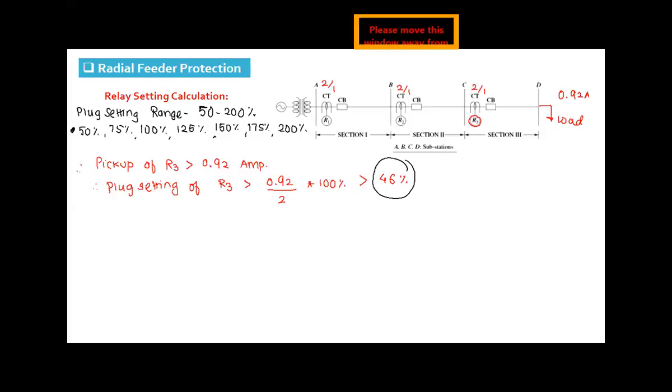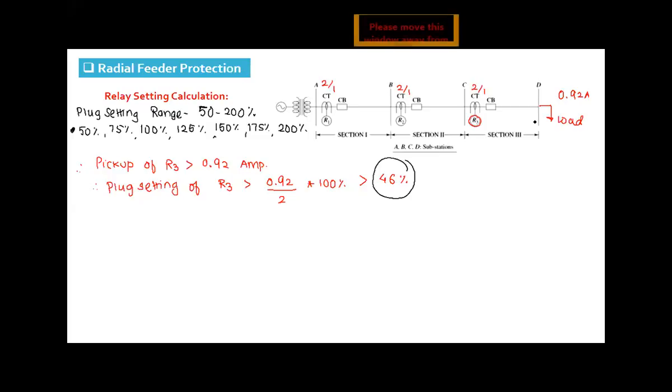समझ में आ रहा है? रिले प्लग सेटिंग में नियरेस्ट वैल्यू कौन सा है? मोर देन 46% इज 50. वी कैन नॉट सेट इट बिलो 46%. It should be more than 46. So more than 46, the nearest value you can set is 50.